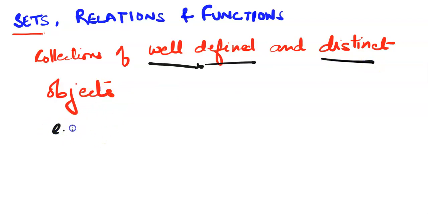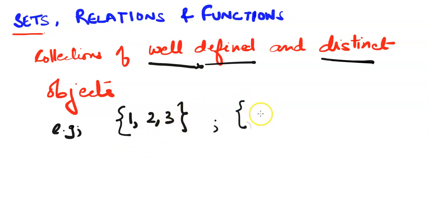Example, say 1, 2, 3. These are three well-defined numbers, 1, 2, 3, and they are distinct. A, B, C, D: again, well-defined, the first four letters of the alphabet, and they are all distinct.